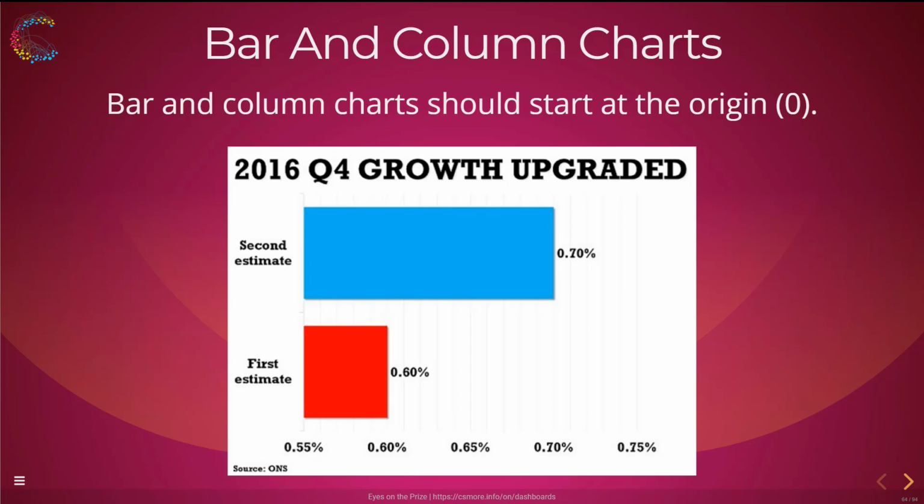You can take advantage of size differences and not have to focus on numbers. But then you look at the numbers and you find out, wait, that's not 3 times bigger. That's like 16% bigger. This is a really bad chart. All bar charts and all column charts should begin at the origin. If you don't want to begin at the origin, don't use a bar chart or a column chart. Use something else.